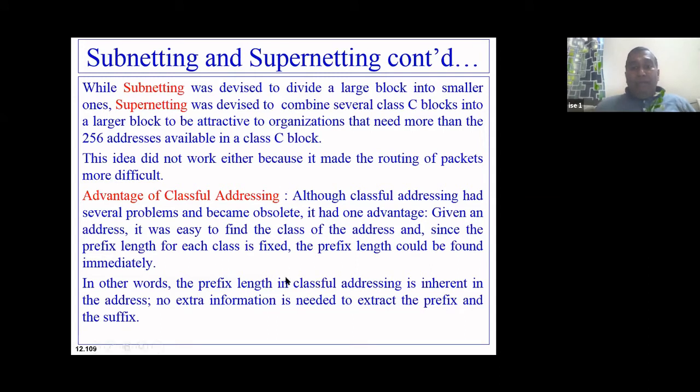Now, for example, if I have an address of this particular type, assuming that it is say 33.118.55.88, something like this.